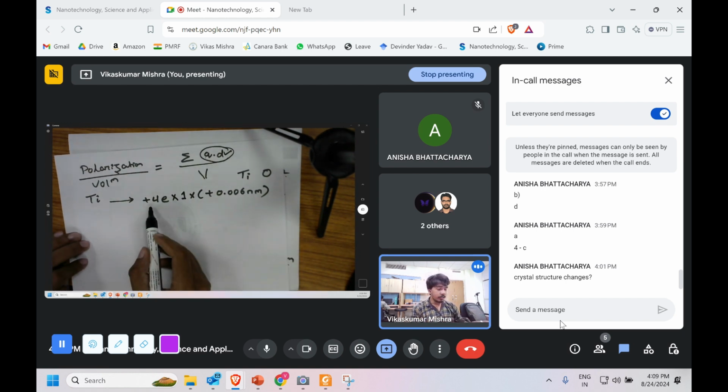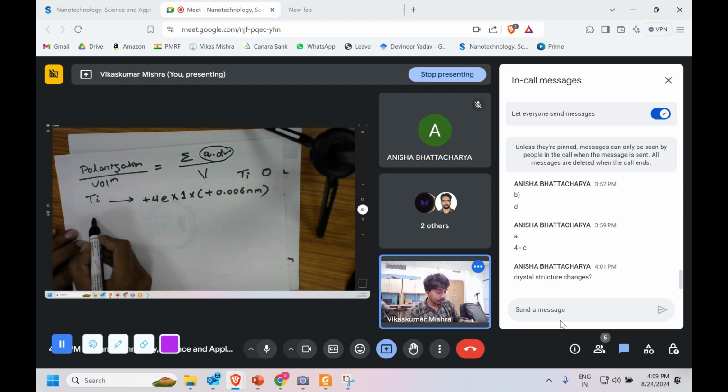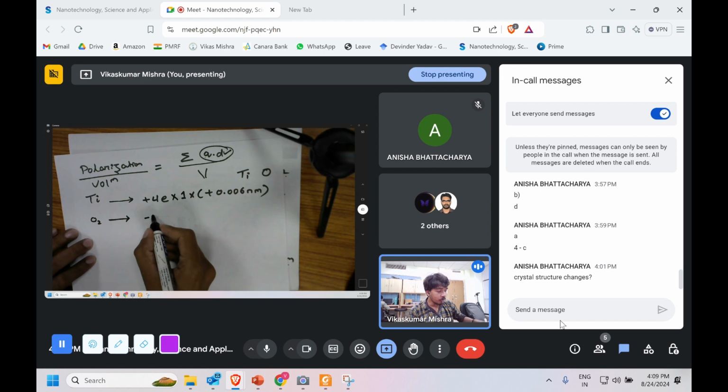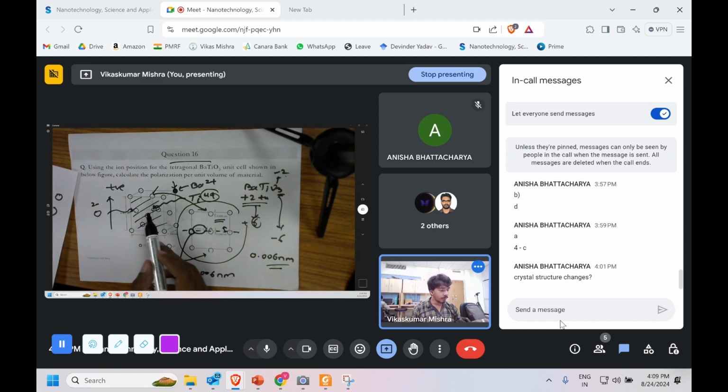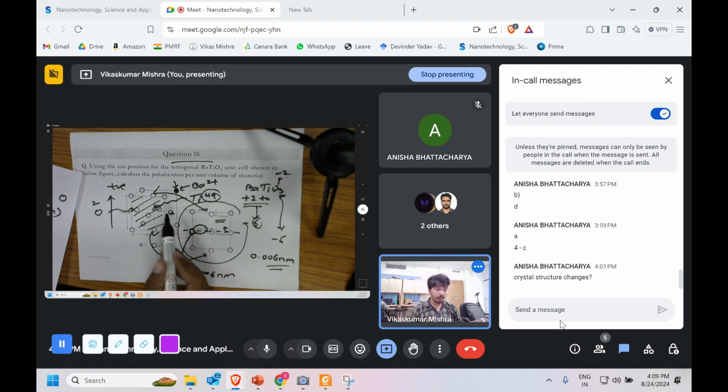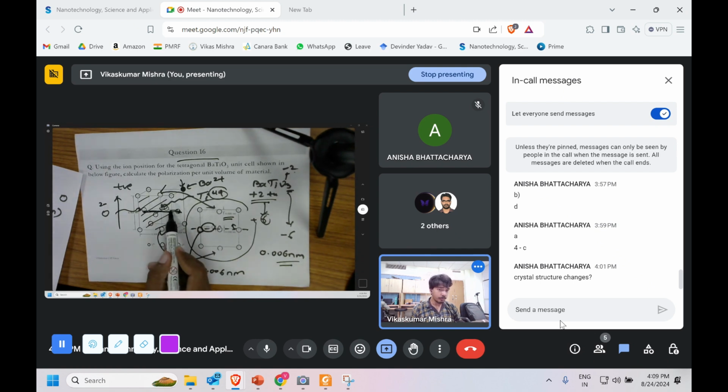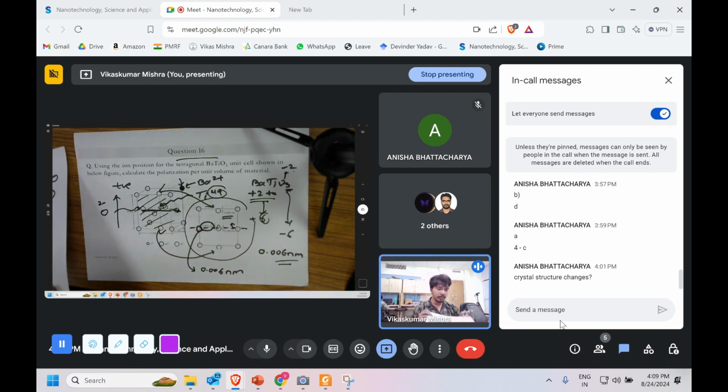What is the charge on the oxygen? The charge on the oxygen is negative 2e. How many of these oxygens are there? We are talking about one on the back, 2, these are the 2, and these are the 2. A total of 4 oxygen.